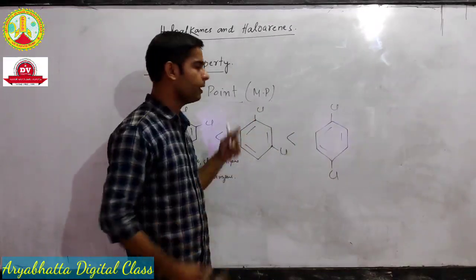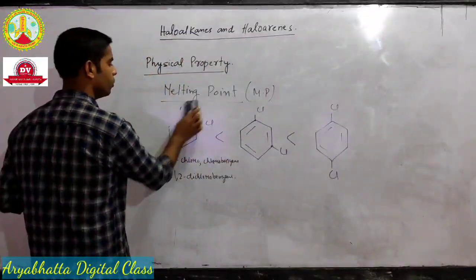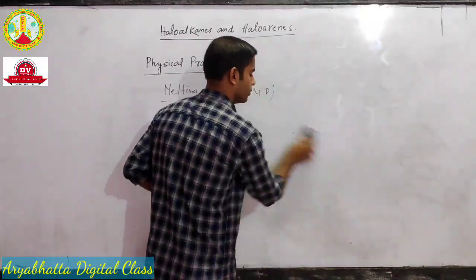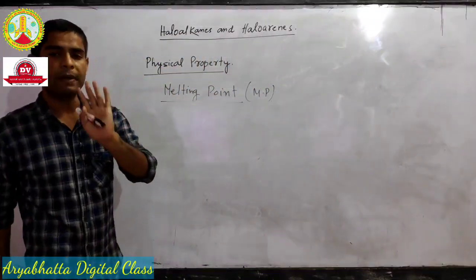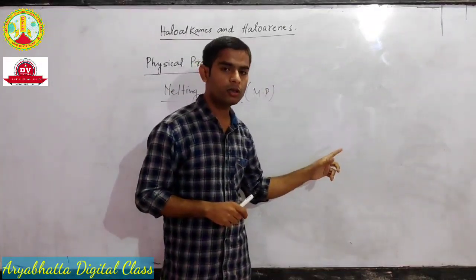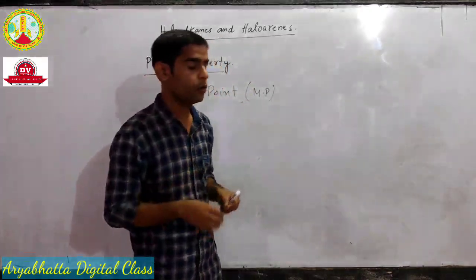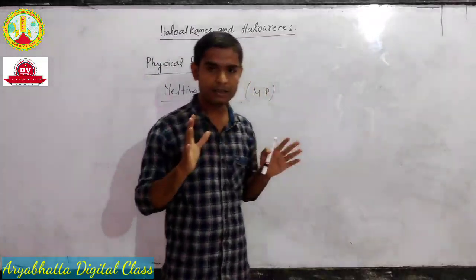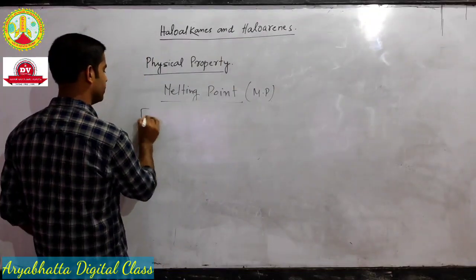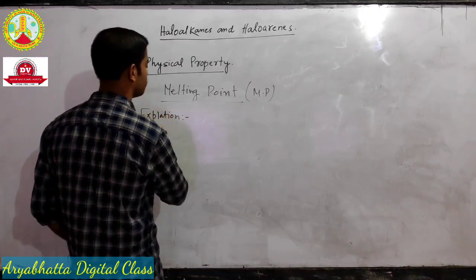Like the previous topic, we will discuss the explanation part. Why is it so? Let's go to the explanation part, and it's very easy. Just stick to the basic concept we talked about, the crystal lattice. Anything which can form a better crystal will have a higher melting point. So I will write down the explanation.